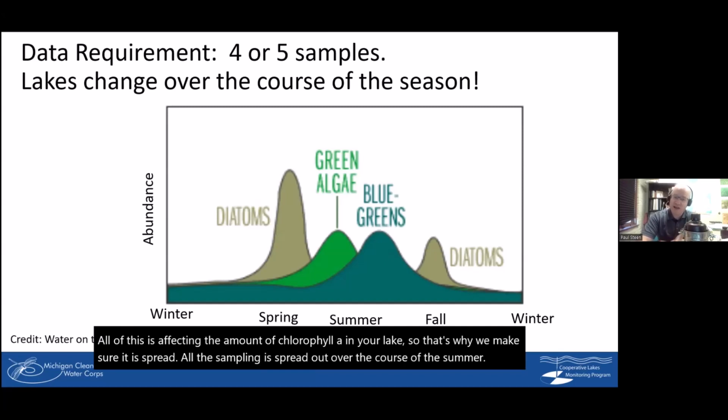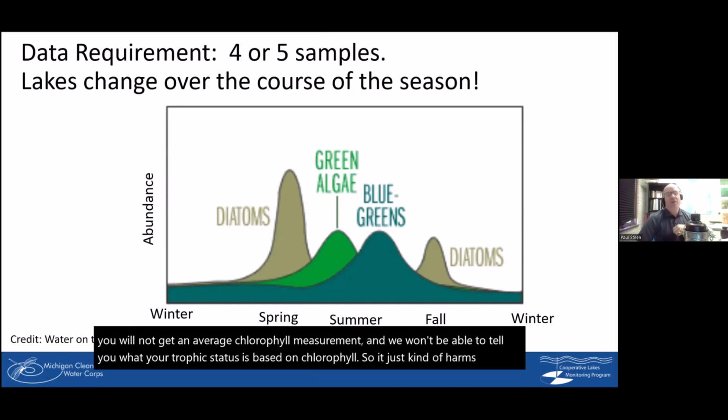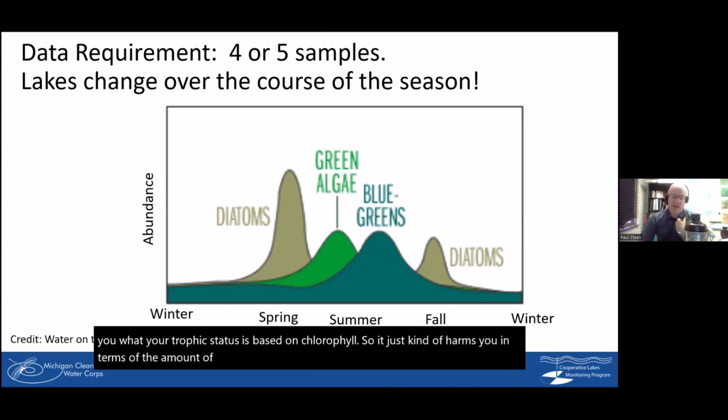If you only get 1 to 3 measurements done, then you will not get an average chlorophyll measurement, and we won't be able to tell you what your trophic status is based on chlorophyll. So it just kind of harms you in terms of the amount of data you end up getting back at the end of the season.